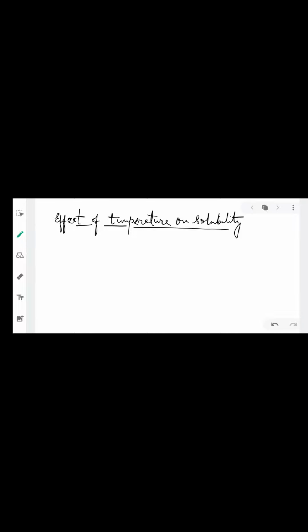Now the next factor we have to talk about is the effect of temperature on solubility. Let's understand this with the help of a simple activity. Let's take 3 beakers and fill all the beakers with 100 cm³ of water.